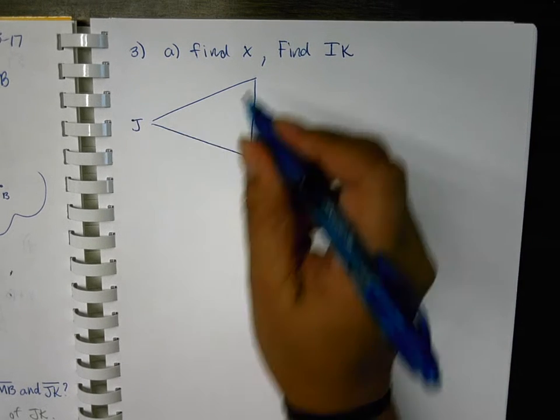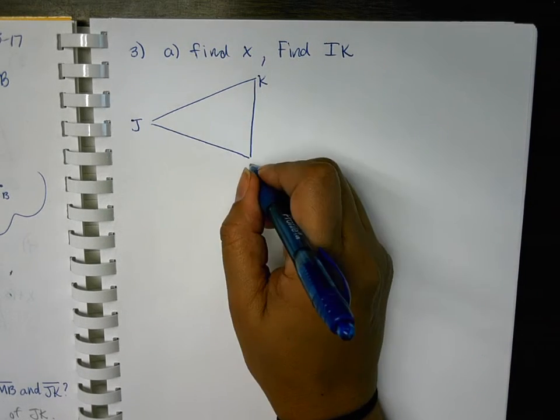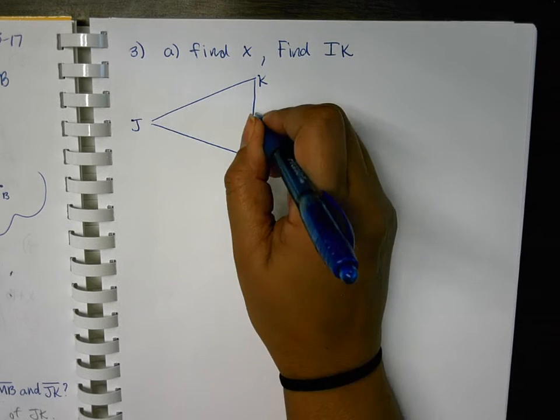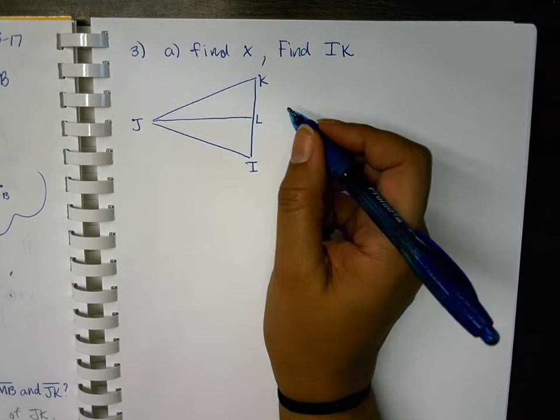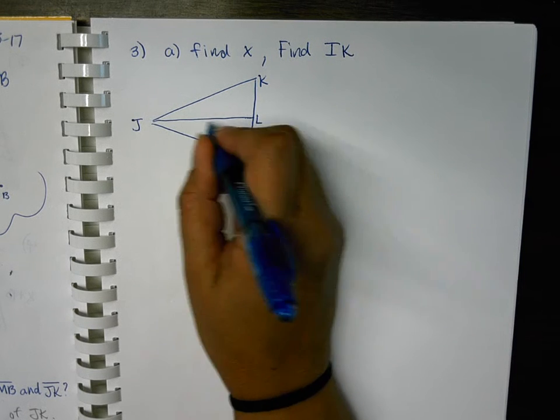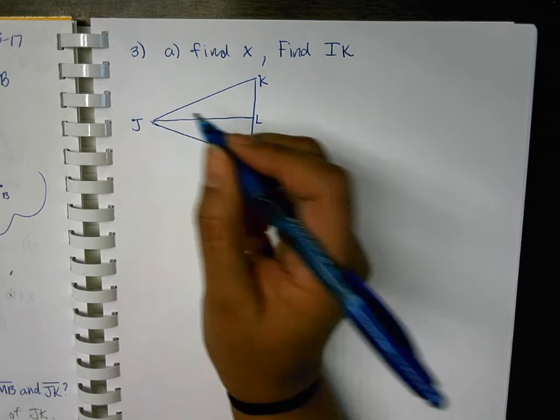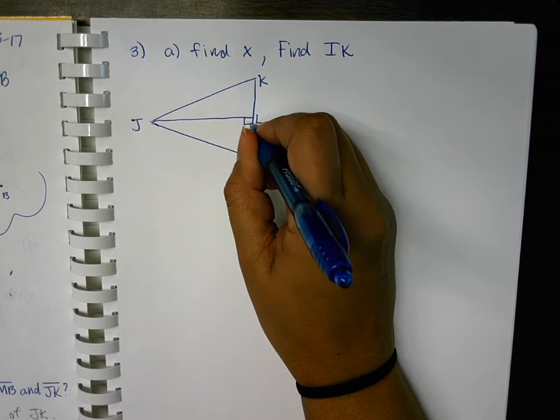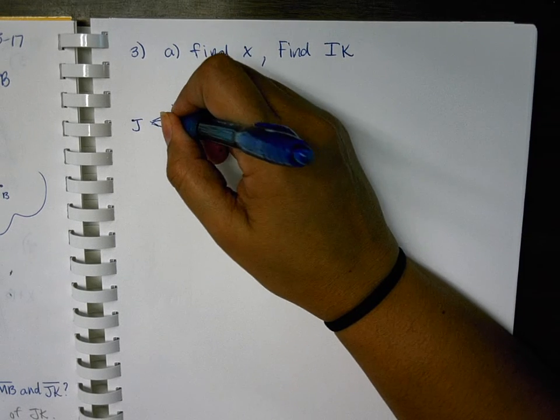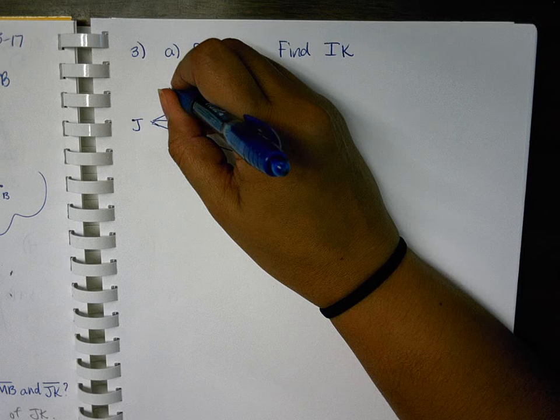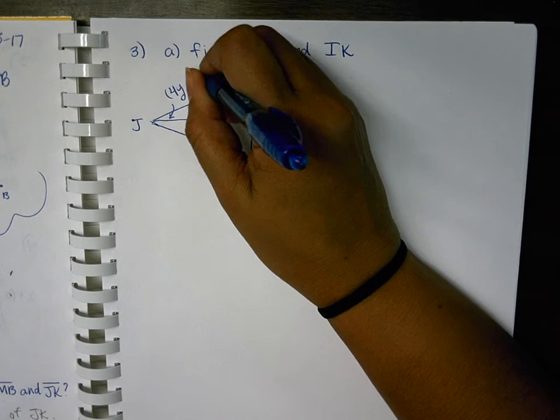Okay, J, K, I, L. I'm going to put a corner. In this corner here, the measurement is 4y plus 4 degrees.